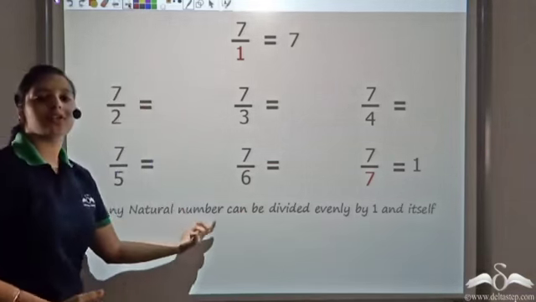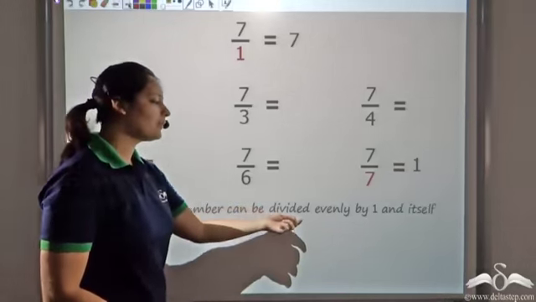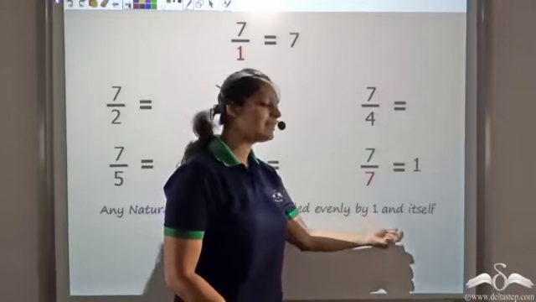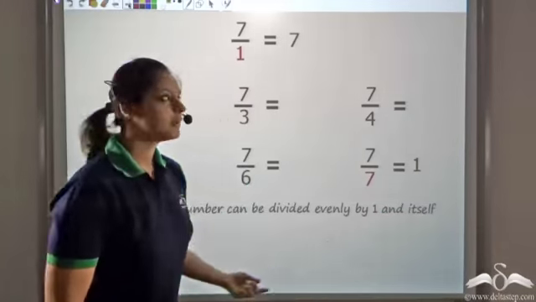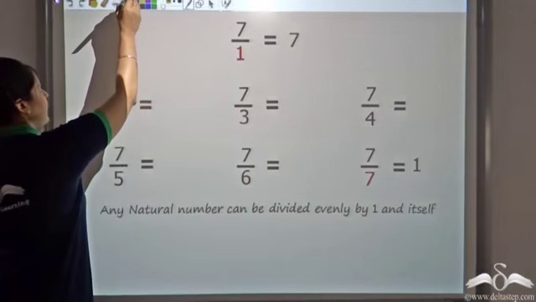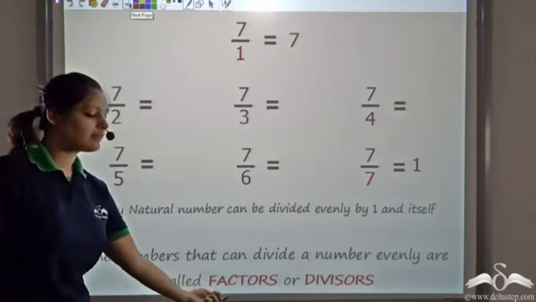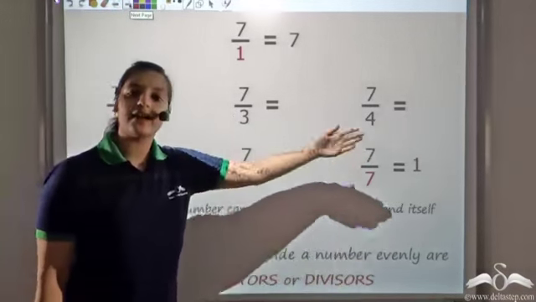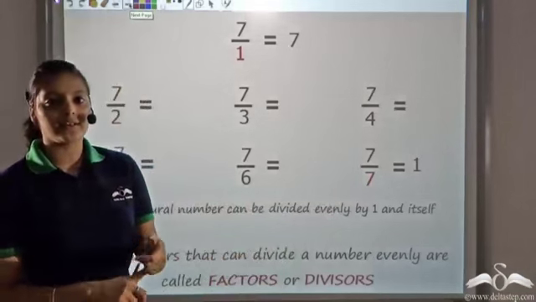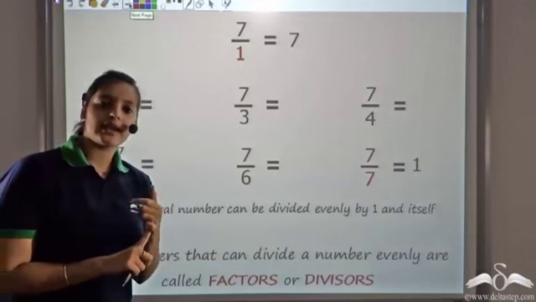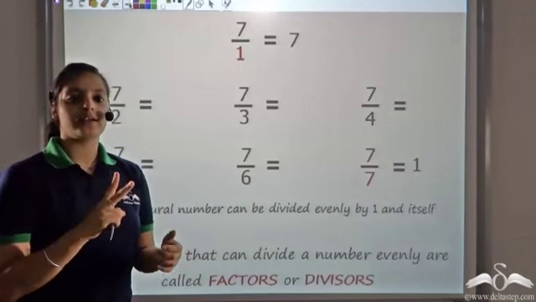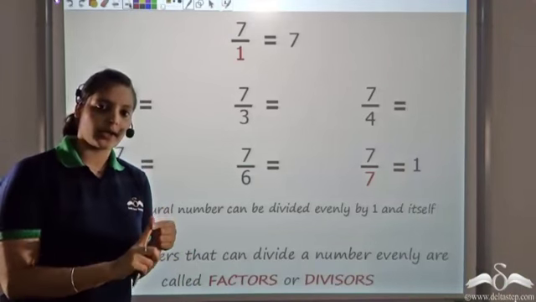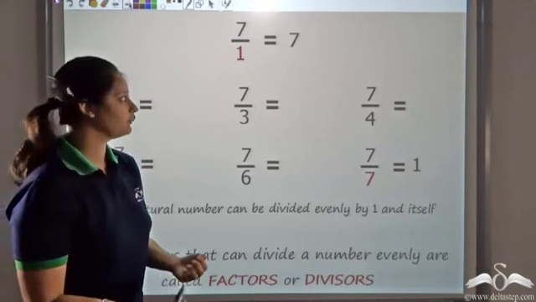So any natural number if I take would be divisible by 1 and the number itself. And this is what I call factors or divisors. So any number that can evenly divide a number is called a factor or divisor. So any natural number has two factors or divisors for sure, that is 1 and the number itself.